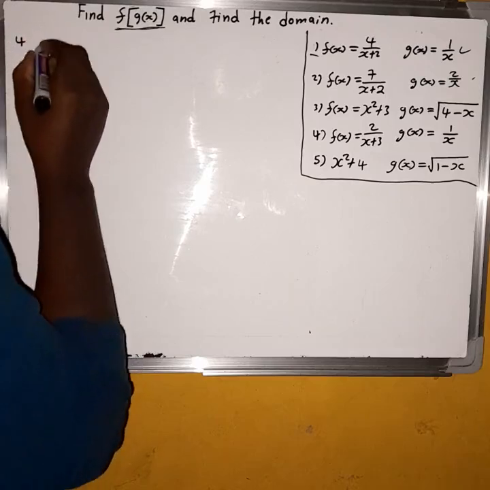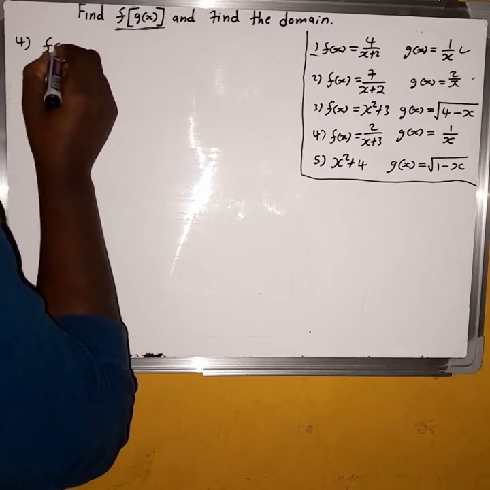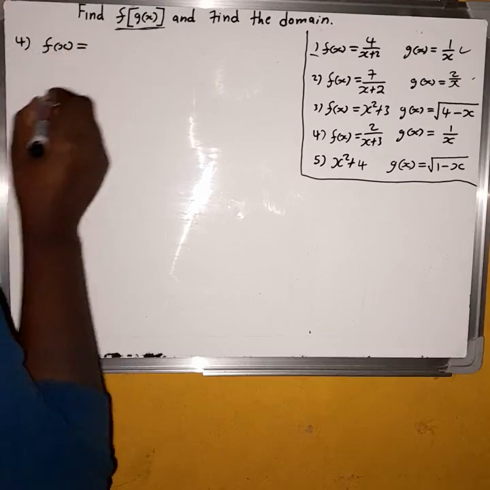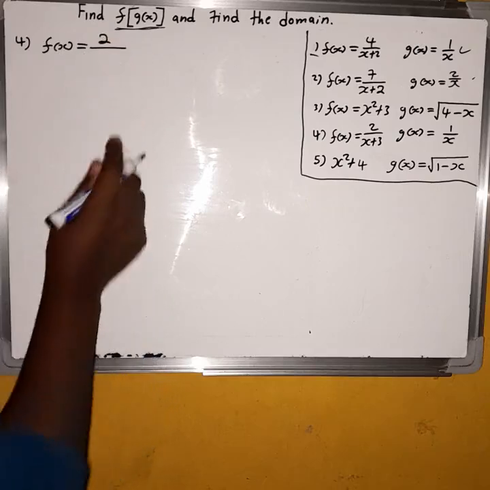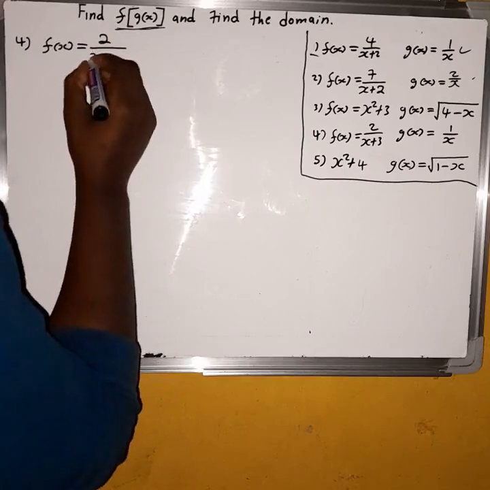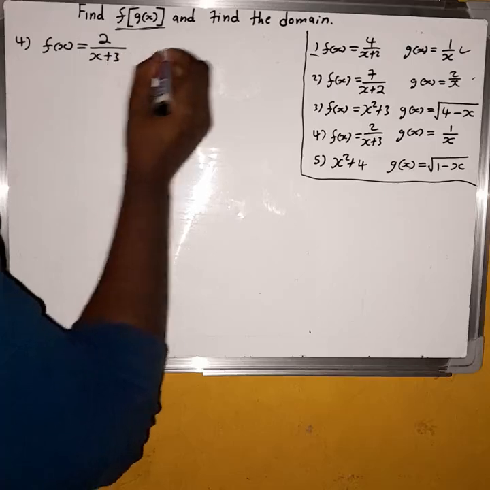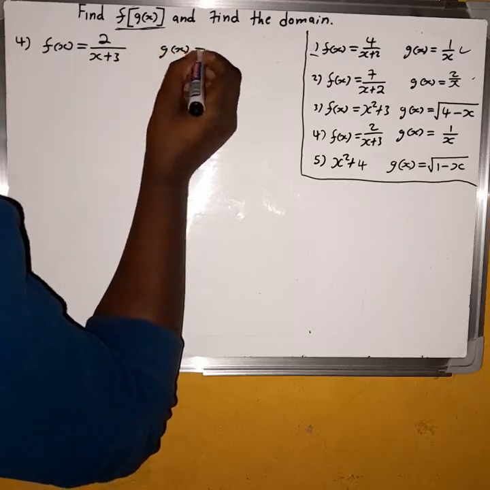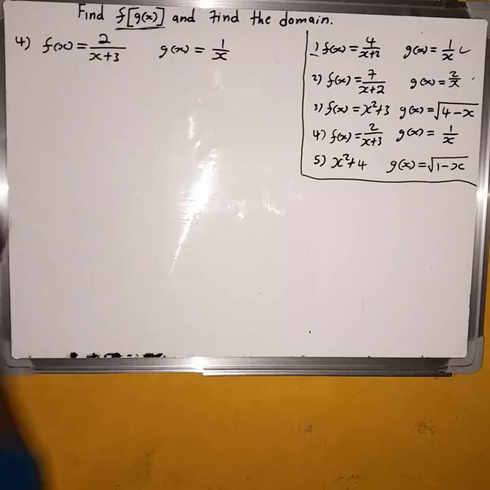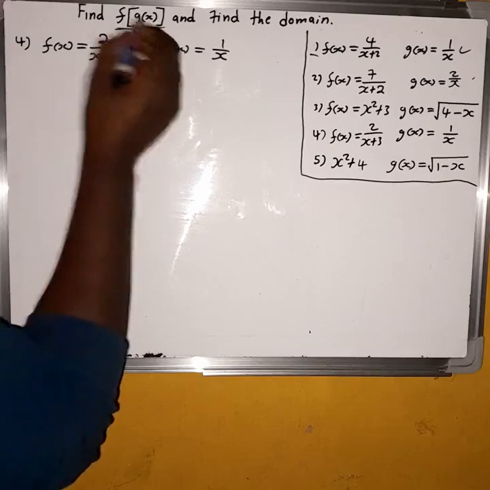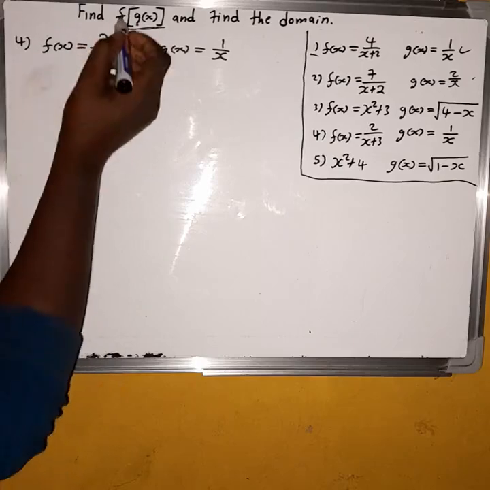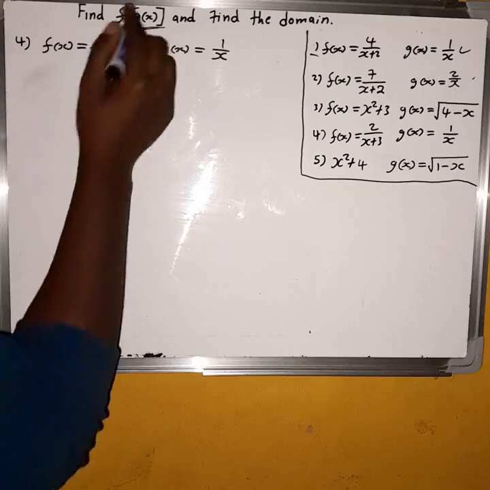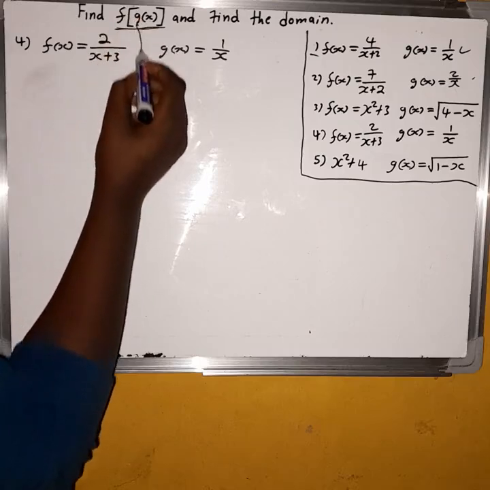Number 4, we have f of x equal to 2 over x plus 3 and g of x equal to 1 over x. We use that as you have told us. So you see here, they can change this.